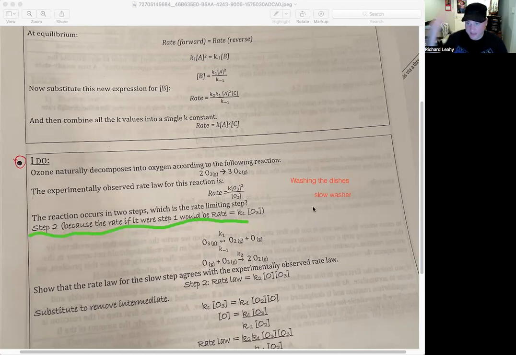This is generally like if somebody has a sibling. I know as an only child you're not used to this, but somebody washes the dishes, somebody else dries. So if you have a slow washer and a fast dryer, or any sort of dryer, the overall rate is determined by the slow washer. That's what slows things down.